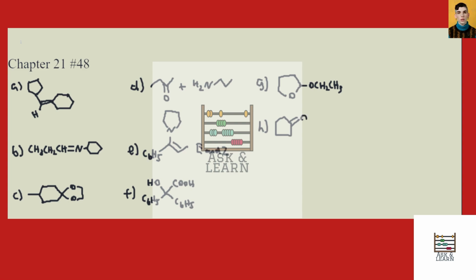Here's our ketone. 2 methyl groups here, of course. They're not affected. And then also, as I said, we will get our secondary amine. So in this case, it is a 6-membered N-containing heterocycle. Okay, so there we go.